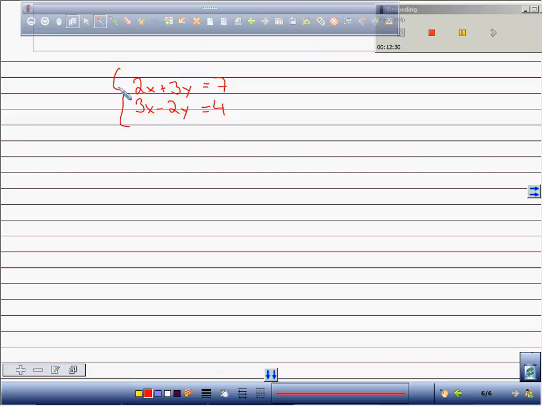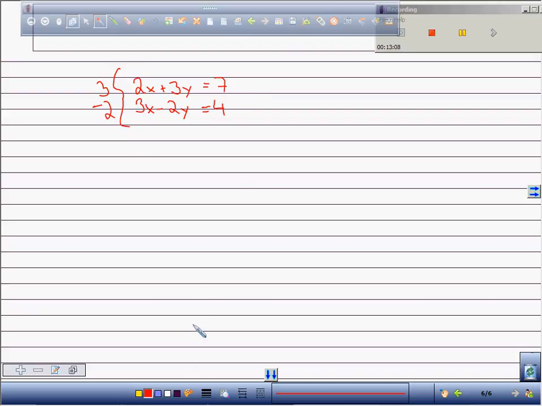Okay? So how do I turn this 2 into a 6, Alex? You multiply by 3. And how do I turn this into a 6? Multiply by 2. I would multiply by negative 2 because I want to turn it into a negative 6 when I add.